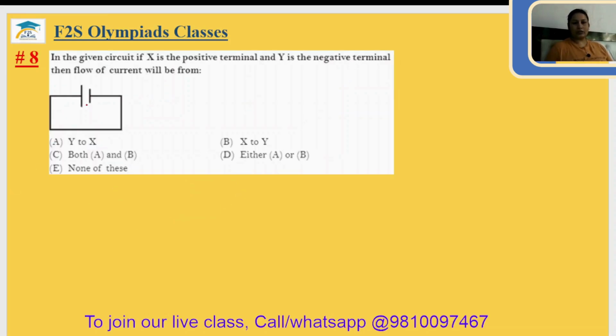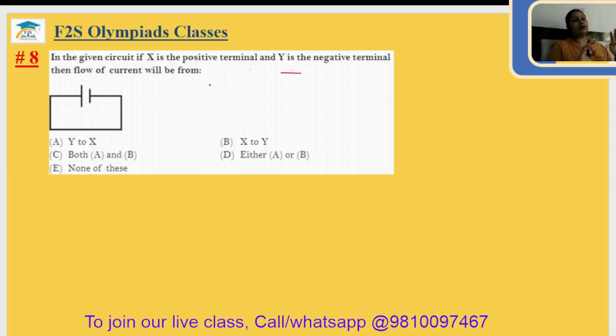Question number 8. In the given circuit, if X is the positive terminal and Y is the negative terminal, then the flow of current will be from X, the positive terminal, to Y, the negative terminal. So current always flows from the positive terminal to the negative terminal.